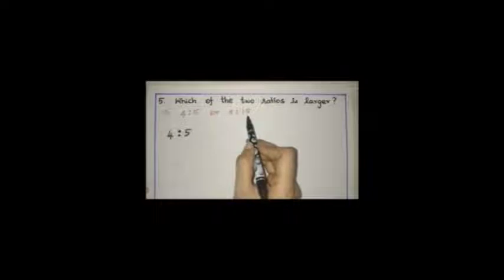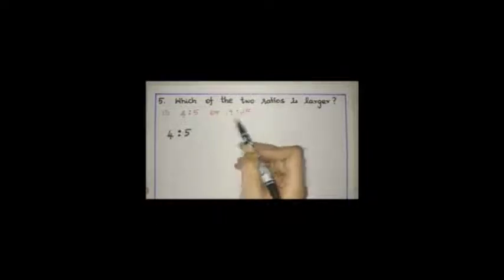Let's take 4:5 first. So I am taking 4:5. Let's try to make this 5 as 15, because here we have 15. This one is already larger, so we will try to make this 5 as 15. So I am writing it as a fraction. So let's multiply by 2.